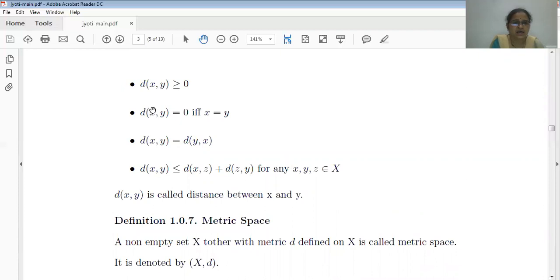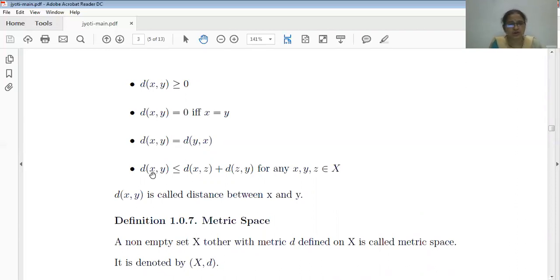Actually, this first condition is giving us non-negativity, because the distance between any two points cannot be negative. It is either 0 or positive. Second condition tells us that the distance between two points is 0 only if the two points coincide with one another. Third condition is, if we measure the distance from x to y, it is equal to the distance from y to x.